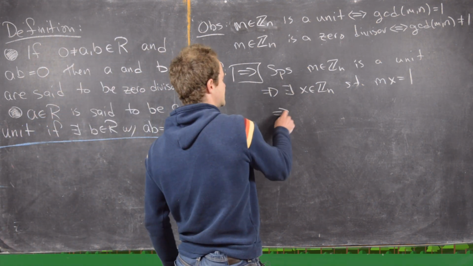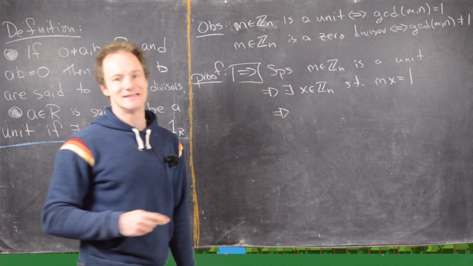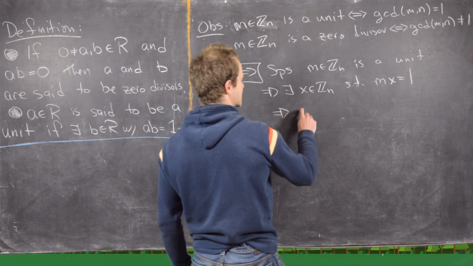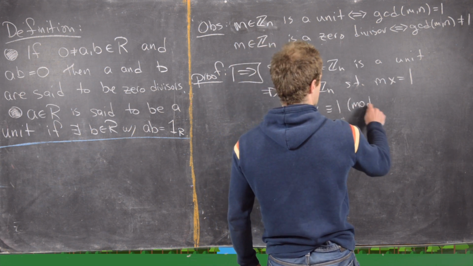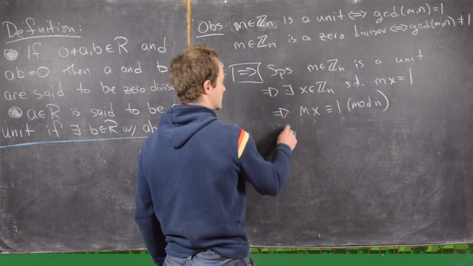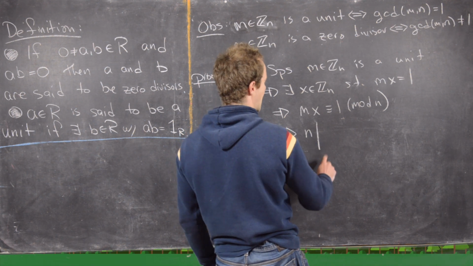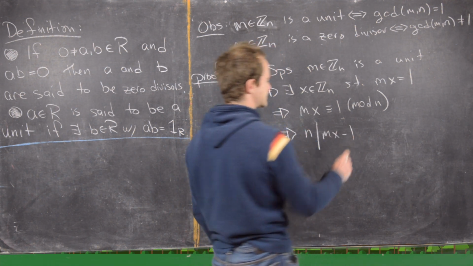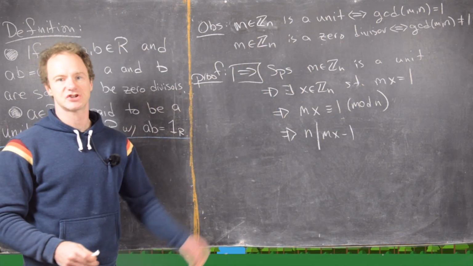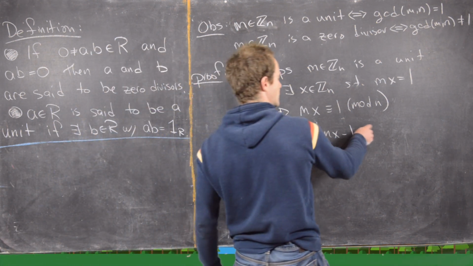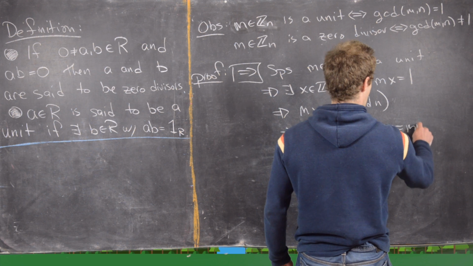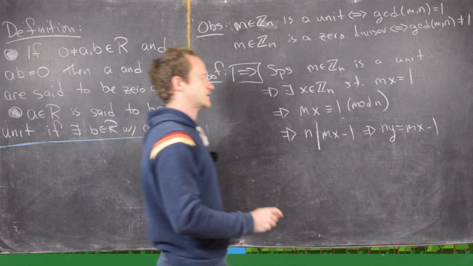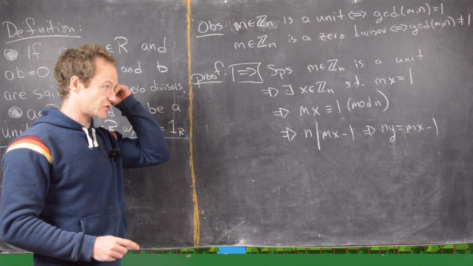But that equality in Zn is the same thing as the congruence mx is congruent to 1 mod n. In other words, n divides mx minus 1. That's the definition of congruence mod n, which is the same thing as saying that ny equals mx minus 1 for some y in the integers.